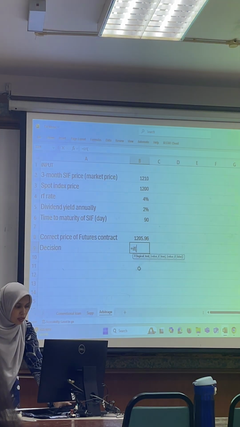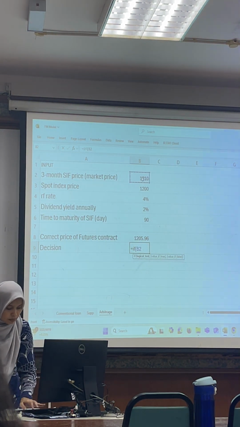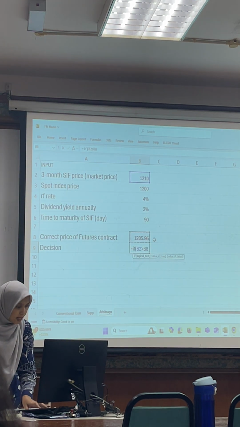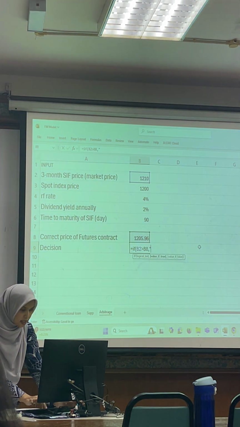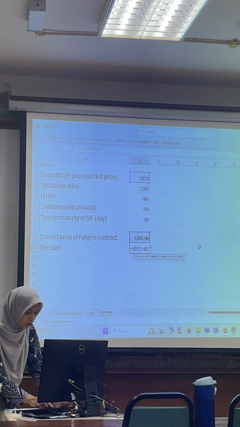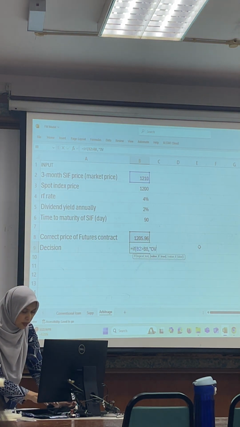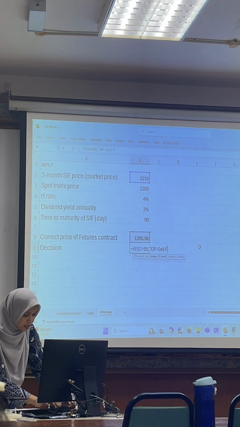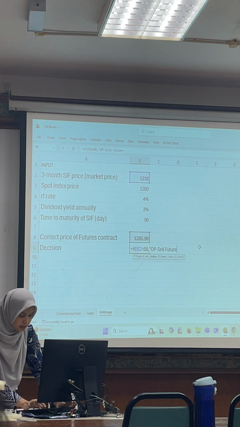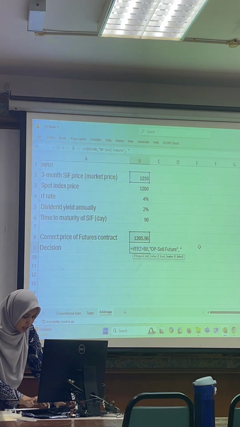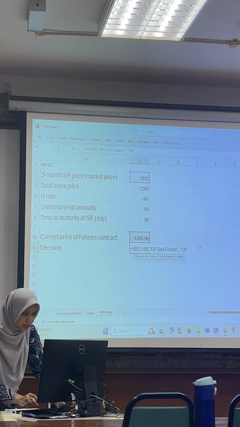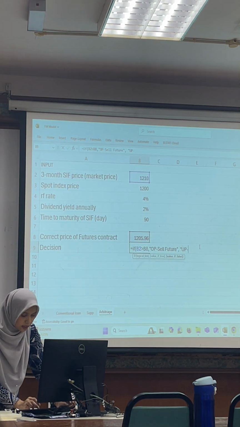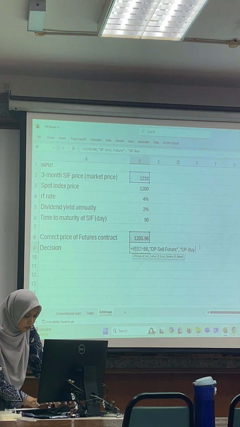If this price is more than the one here, then you can say that it is overpriced, and then you know that it will be sell future. Another will be underpriced, whatever it is, as long as you understand, and then you buy futures.